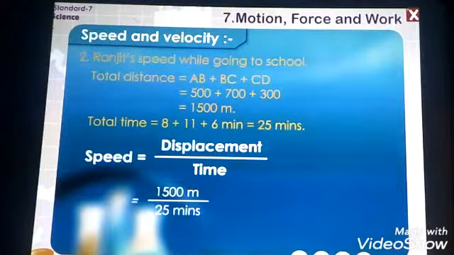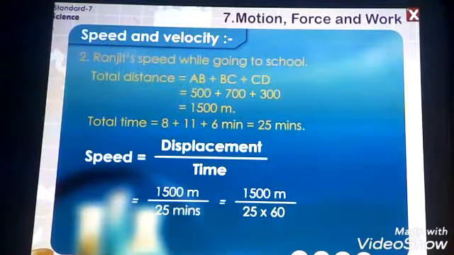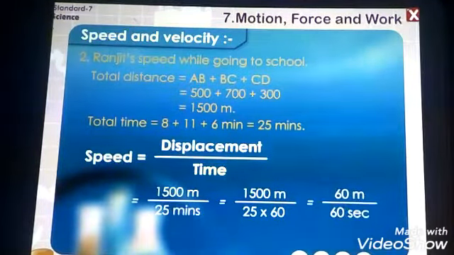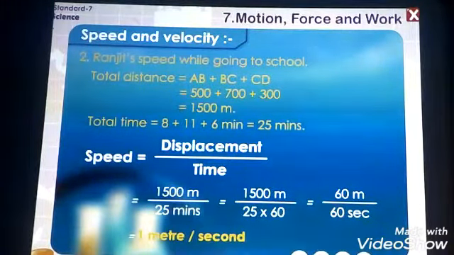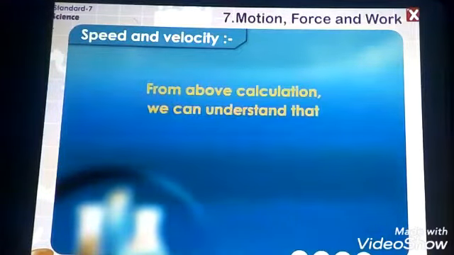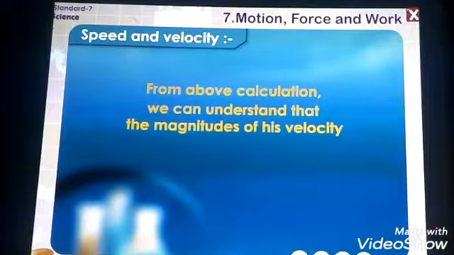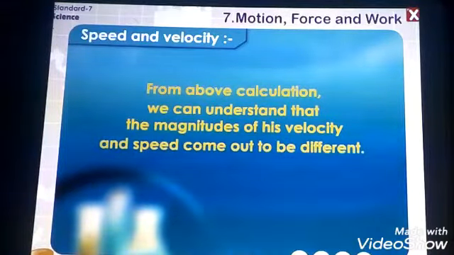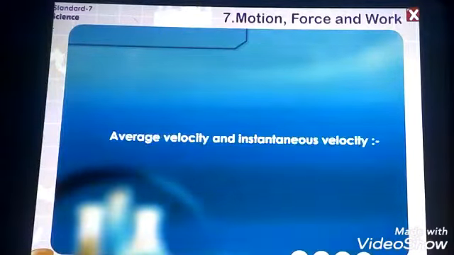Here, it should be distance. So, here, 1500 meters upon 25 minutes is equal to 1500 meters upon 25 into 60, is equal to 60 upon 60 meter per second. So therefore 1 meter per second. From the above calculation, we can understand that the magnitude of his velocity and his speed come out to be different.